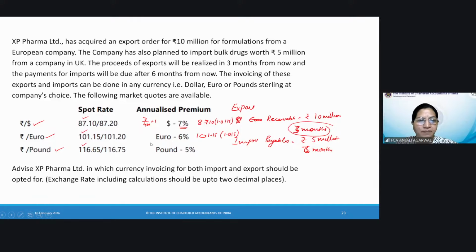Then multiply it back into 101.15 into 1.015. In this way, you will be able to calculate the export receivable. And wherever you get the maximum, you will raise your invoice in that currency.